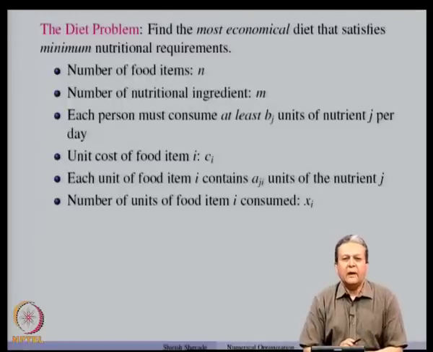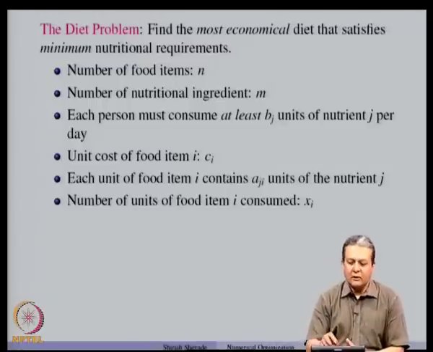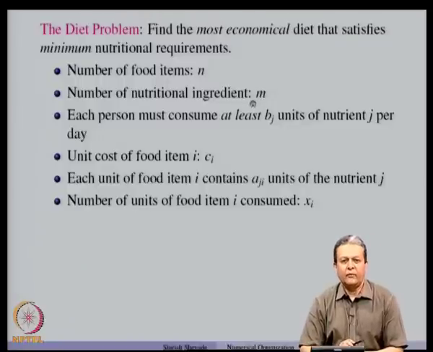Suppose that there are n food items available in the market, and the number of nutritional ingredients that we are supposed to consume is m. There is a requirement that each person must consume at least Bj units of nutrient j per day. That requirement is suggested by the dietitian.